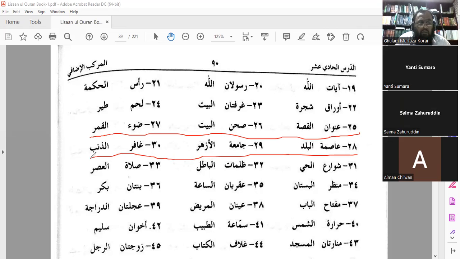Ghafiru dhambi, because these are huruf shamsiyya, so the alif lam will be dropped. Who is there to complete this line? Anyone? Shawari'ul hayy. Shawari'ul hayyi. I hope you understand the meanings as well: the streets, the roads of the locality. Next one.